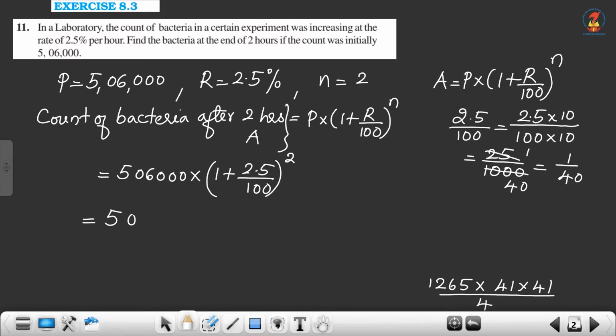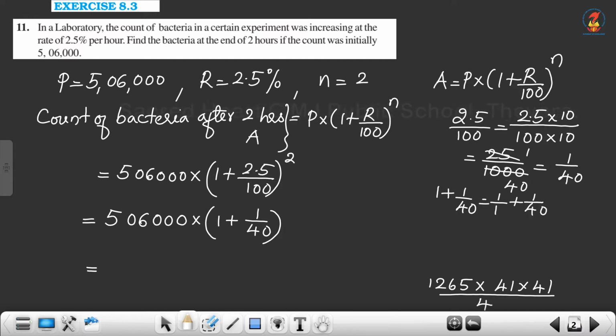So we can write as 5,06,000 into 1 plus 1 by 40. Then what is 1 plus 1 by 40? 1 plus 1 by 40 means it is 1 by 1 plus 1 by 40. So 40 is the LCM, so we can write as 40 by 40 plus 1 by 40, which is equal to 41 by 40.